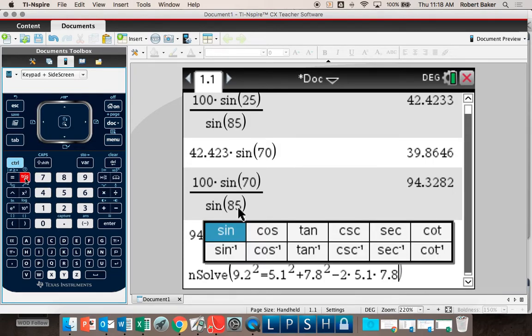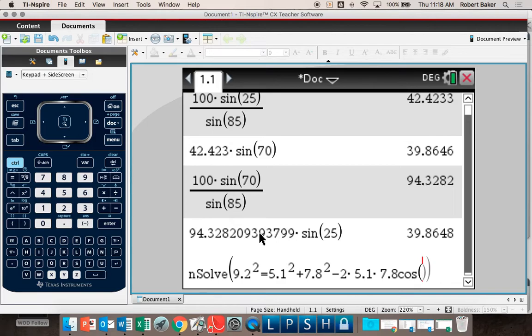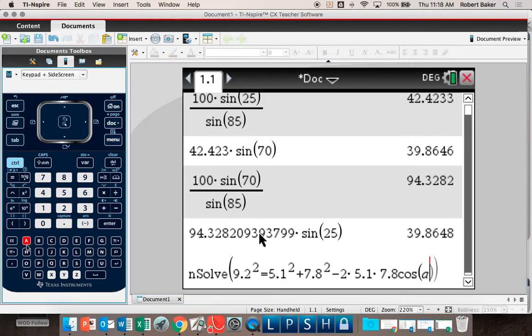The cosine of the angle we're trying to solve for, we called it A. Close your parentheses. That ends the equation that I'm trying to type in. And then you hit comma, calculator, please solve for A for me. So you have to end it, close it off, and then tell the calculator to solve for A.